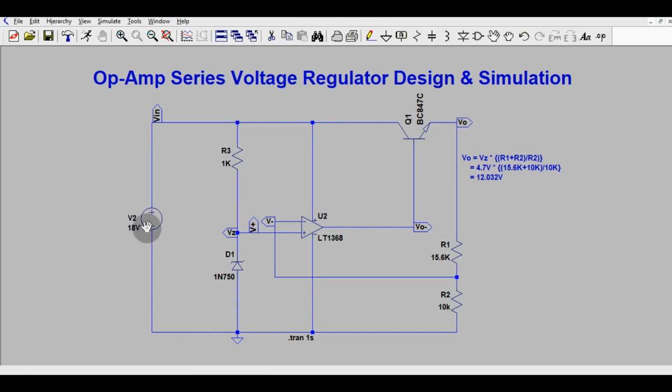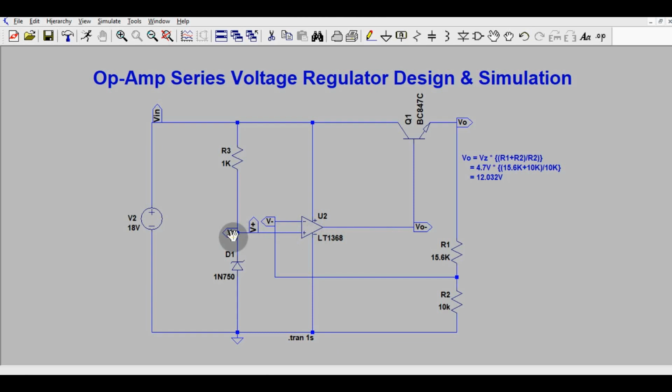When your input voltage is 24 volt, what is your output voltage? And I will show you the output voltage of the operational amplifier, the voltage at the V minus inverting terminal, the voltage at the non-inverting terminal, that is V plus, and what is the VZ. All these things I will show you in the simulation in the form of waveforms.